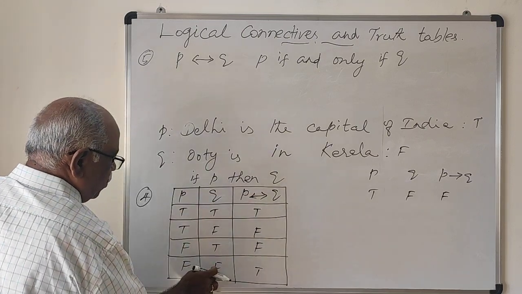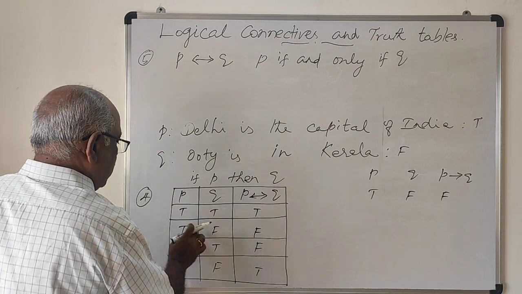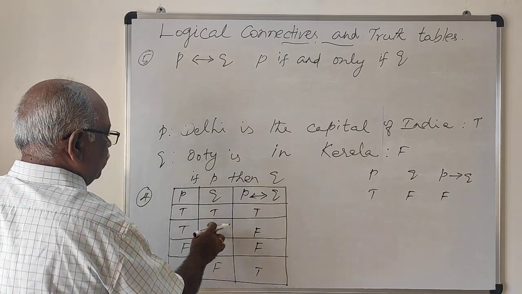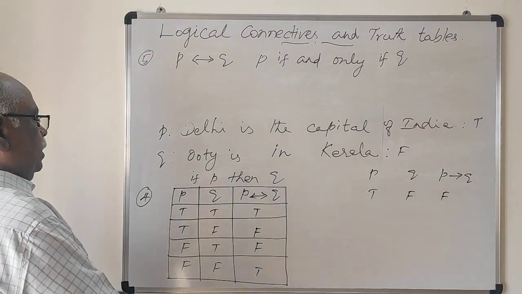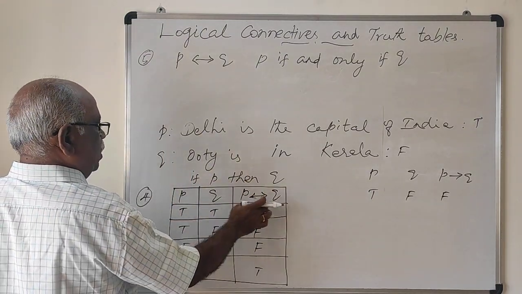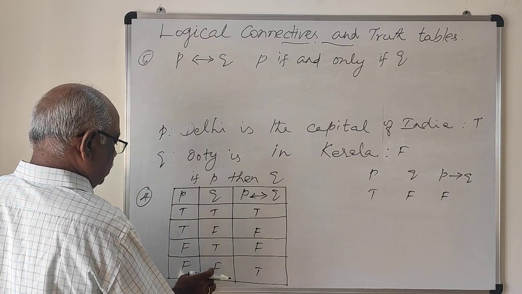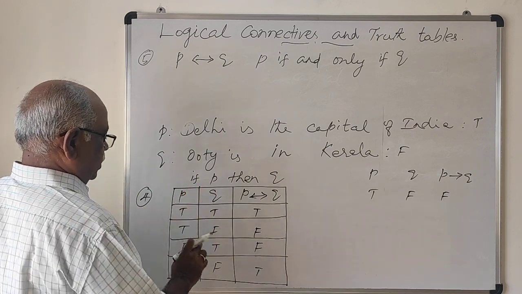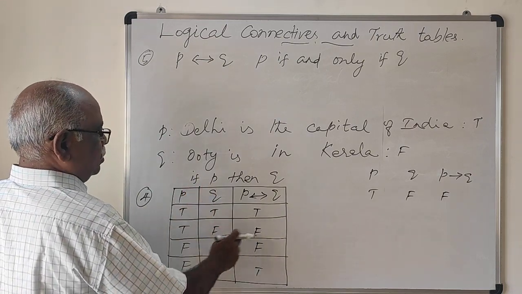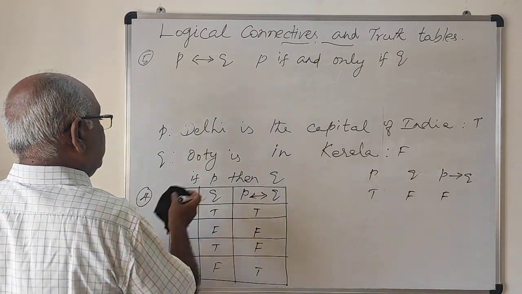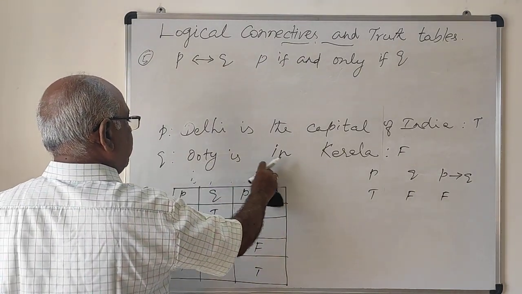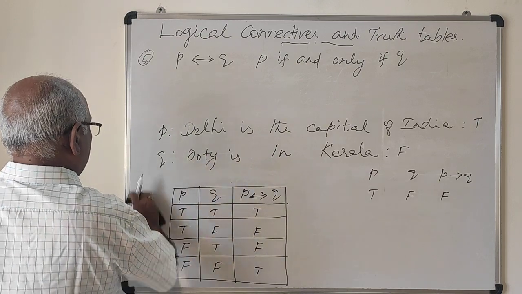If both P and Q are false, the bicondition is true. For the rest, where one is T and the other F, the biconditional statement is false. If both statements are true, the if and only if statement is true. If both are false, this is true. Otherwise, the answer is false. This is the if and only if truth table for two variables P and Q.